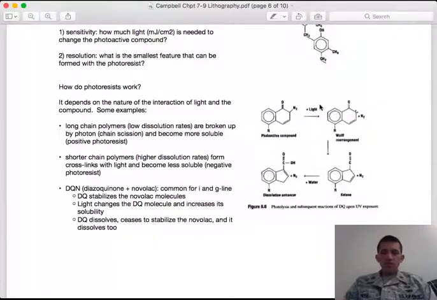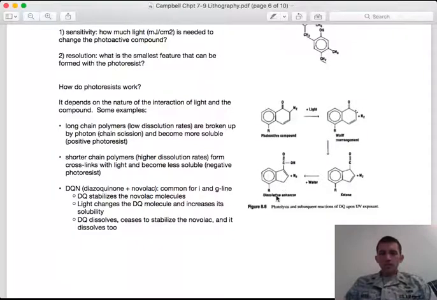because before light exposure, this photoactive compound helps to stabilize the novolac resin molecules. But when light is shined on it, right, it dissociates one of its side groups, forms a free radical, rearranges a little bit, and forms a different molecule.